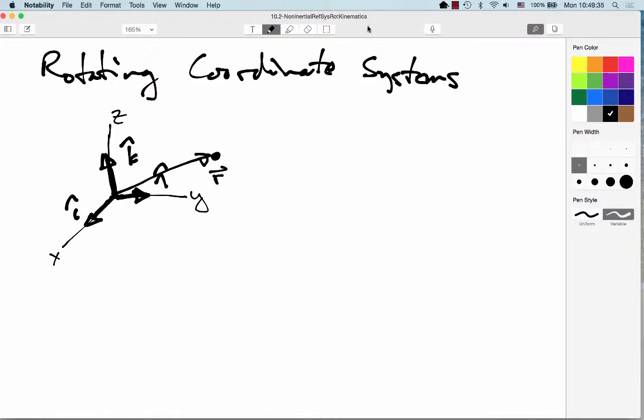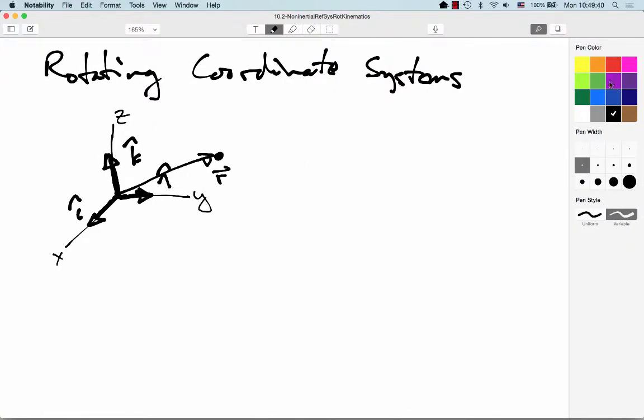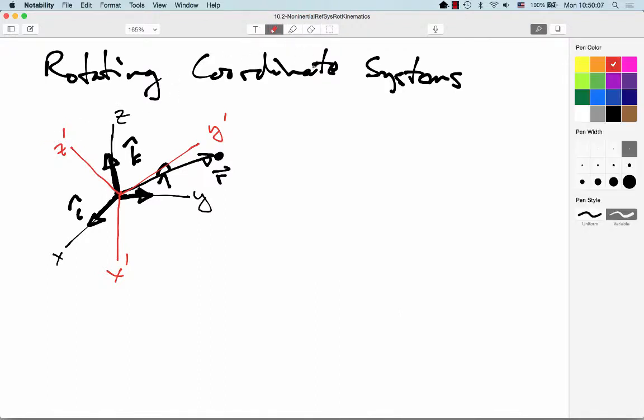Okay, we can go ahead and repeat this whole exercise for some arbitrary rotating frame. So bear with me here. This is my x prime axis, say this is my y prime axis, and that's my z prime axis, like so.